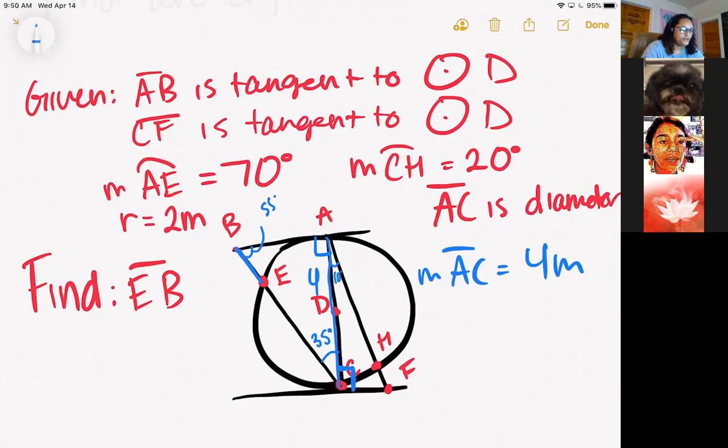What about, can I solve for the length of CB? Yeah, using trig functions.